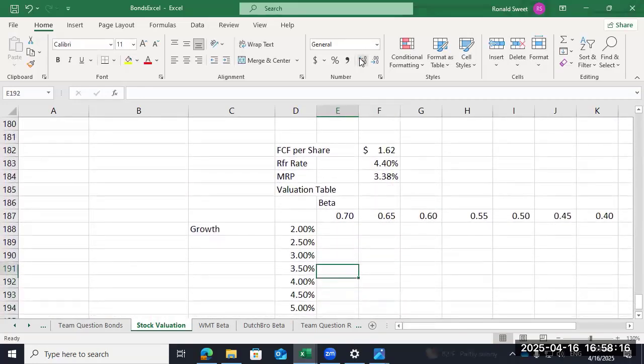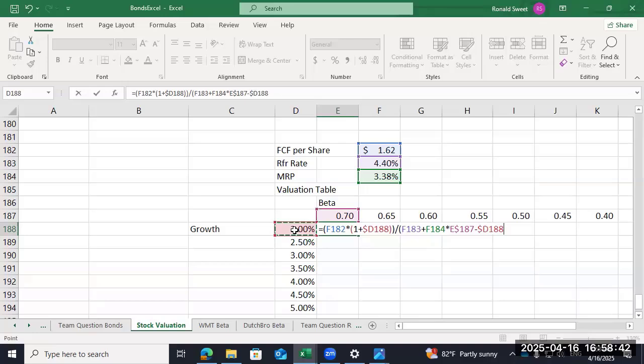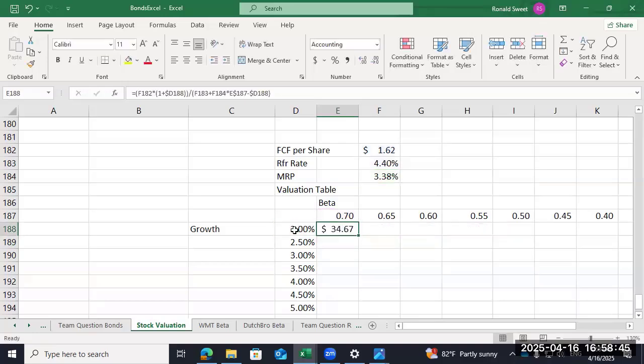So I'm now going to value this stock. I'm going to do value equals dividend 1 times 1 plus the long-term growth rate, divided by the risk-free rate plus the market risk premium times beta, minus long-term growth. I'm going to plug this in on my numbers because I'm using 4.5%.